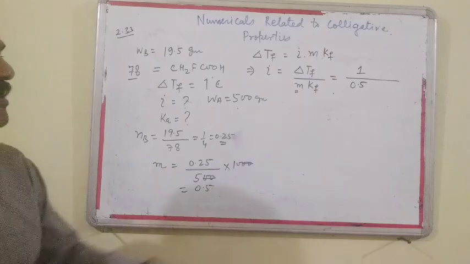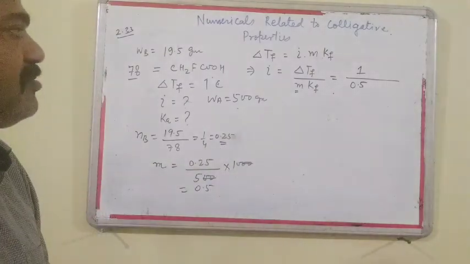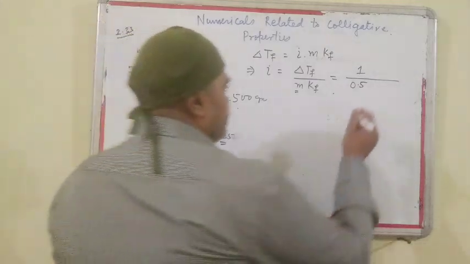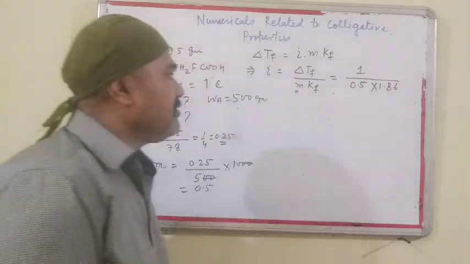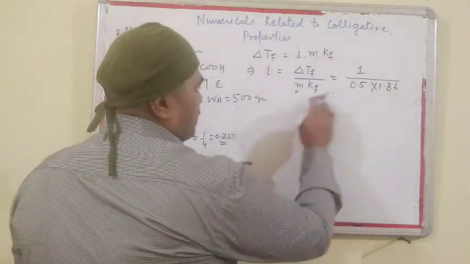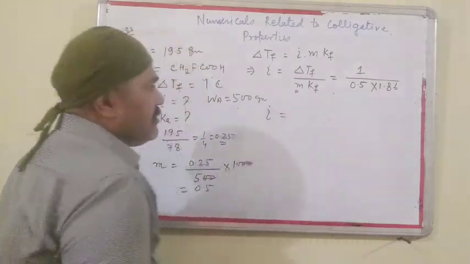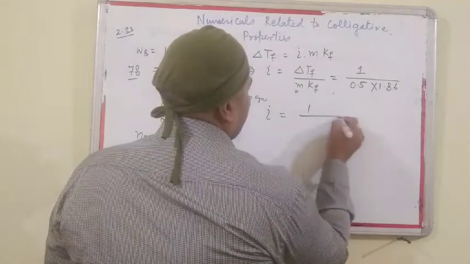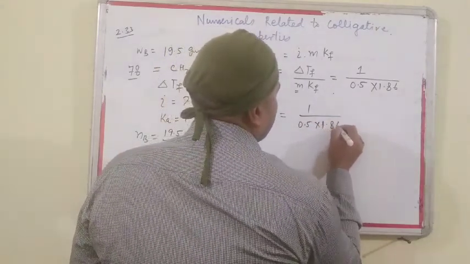And the value of Kf for the water is given 1.86. And I am putting 1.86 in place of, sorry, Kf. So finally 1 upon 0.5 into 1.86.